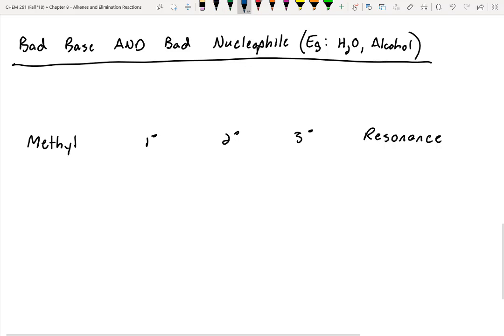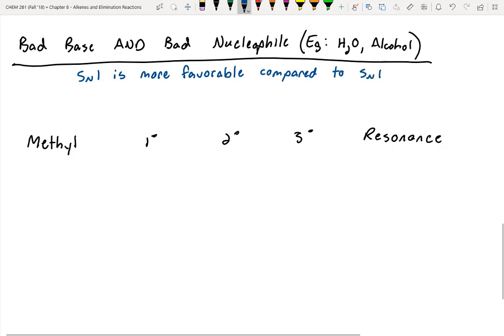So if we have a bad base and bad nucleophile, are we going to do SN2 ever? No, SN2, we need a good nucleophile. What about SN1? Yeah, we could do SN1. And why is this the case again?